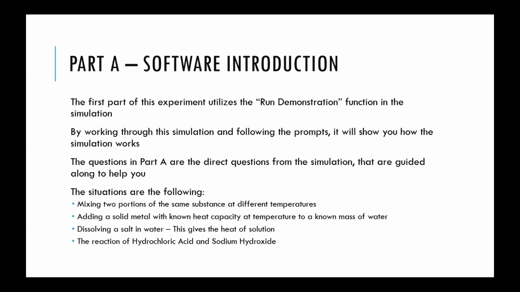Through the simulation, you're going to perform 4 different interactions. You're going to be mixing 2 portions of the same substance at different temperatures and see where the heat is transferring.